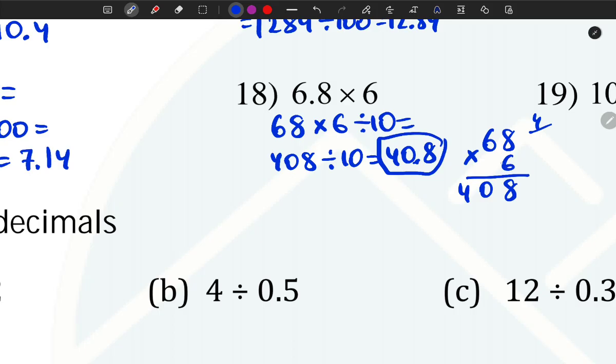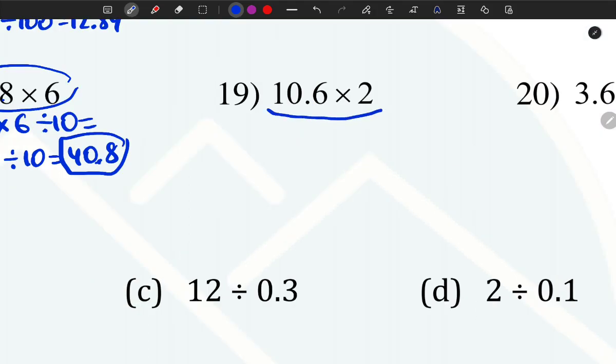Another way, we can write, first we can multiply 68 by 6 and we get 408. Totally in our multiplication we have one decimal number. In the answer we write one decimal number also, and we can put our place value point here and we get 40.8.